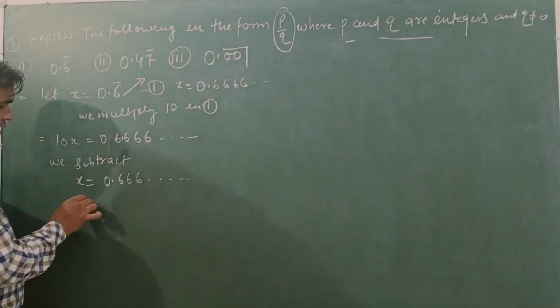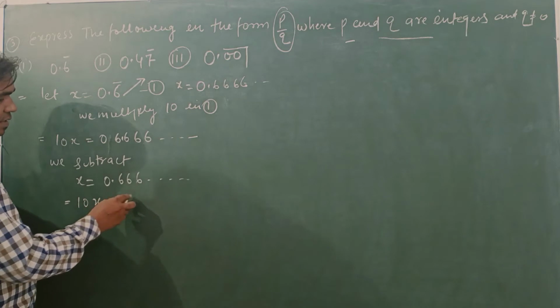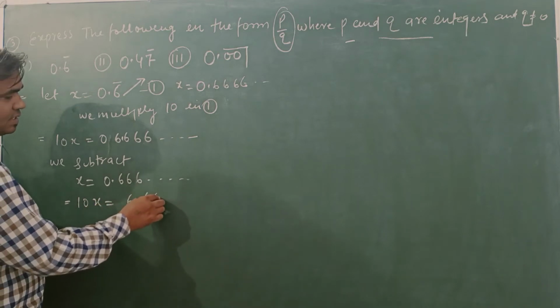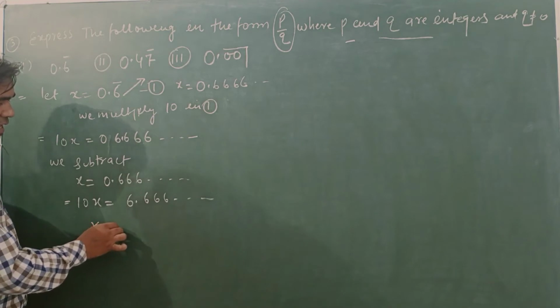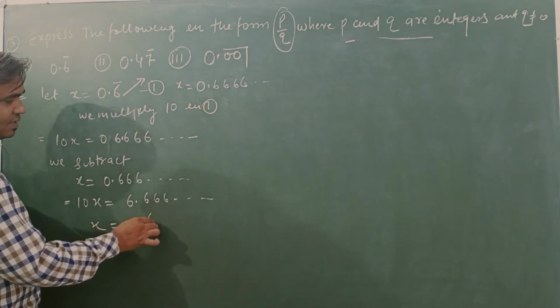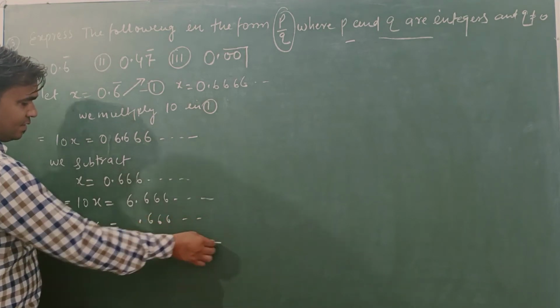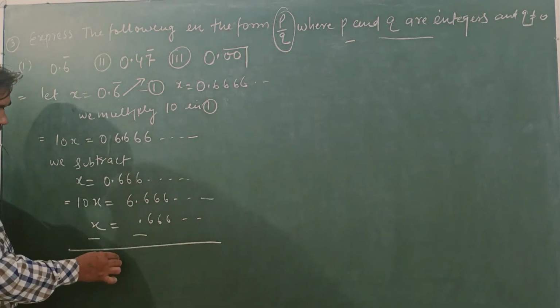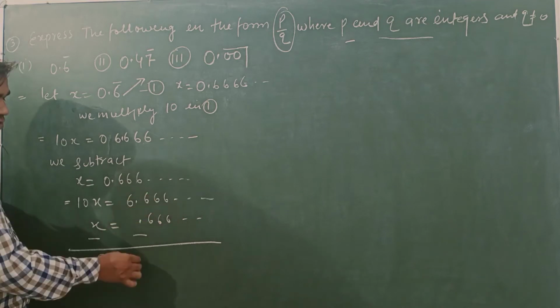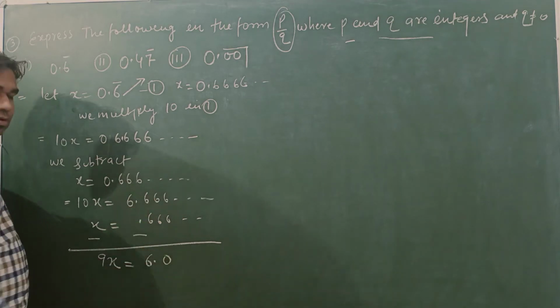So here you see 10x minus x equals 6.666 minus 0.666. Subtracting, we get 9x equal to 6.0.